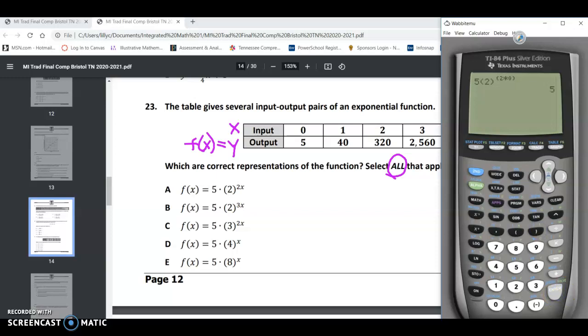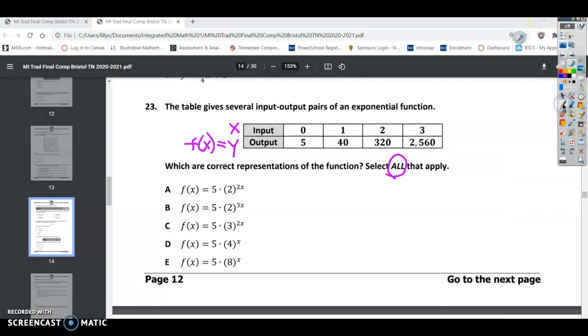So the first number worked for the first equation. So let's check the next one. You can't always tell just by one point, so you need to check all or at least multiple points. So 2 times x, the next x is 1. And that one is 20, so that is not the correct answer.